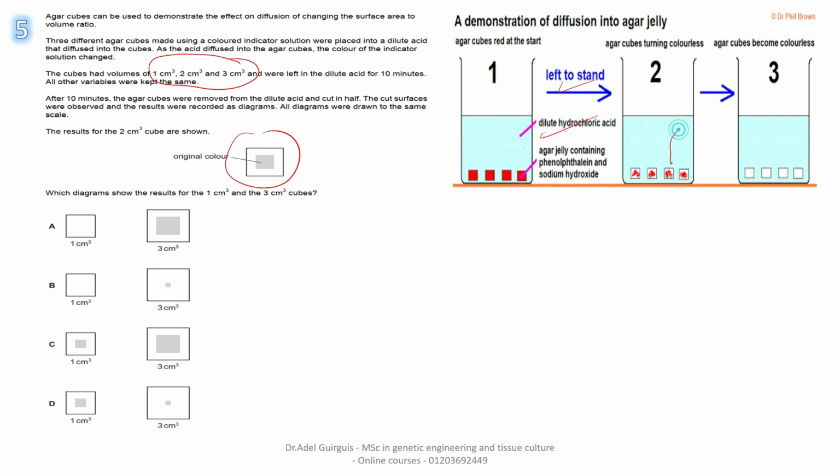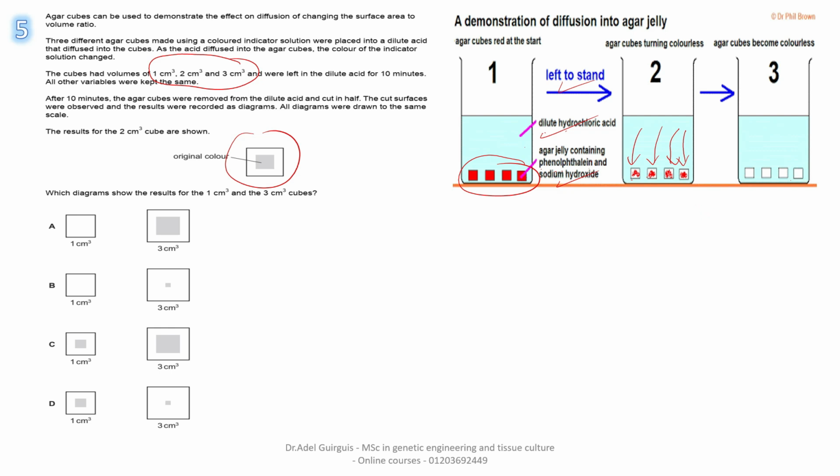The acid diffuses inside the 4 cubes at the same rate, because they have the same volumes, and it decolorizes the phenolphthalein as it neutralizes the sodium hydroxide. All the cubes become colorless at the same time.